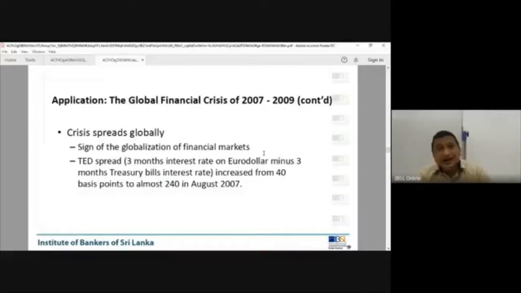So everybody who invested here is now feeling the pain, and the financial intermediaries who have linked up with US financial intermediaries, and the US financial intermediaries who have spread it out to the rest of the world, are now feeling the pain of financial market distress.